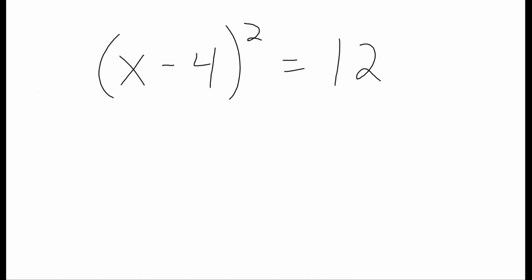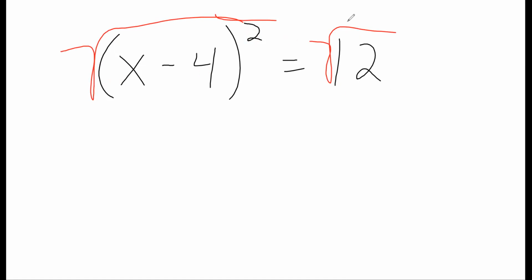We could solve something like this, because it turns out that square root property, as long as one side of your equation is entirely being squared, which it is here, the whole left side's being squared, and you just have a constant on the right-hand side, the square root property is going to apply. I would take the square root of both sides, but I have to remember myself to put a plus or minus with the right-hand side.